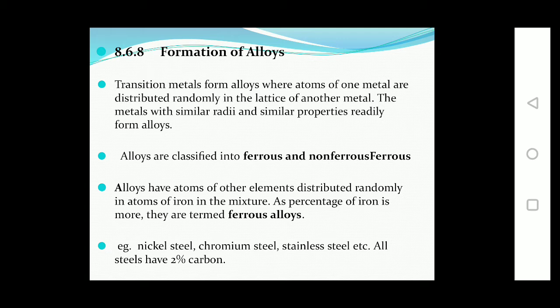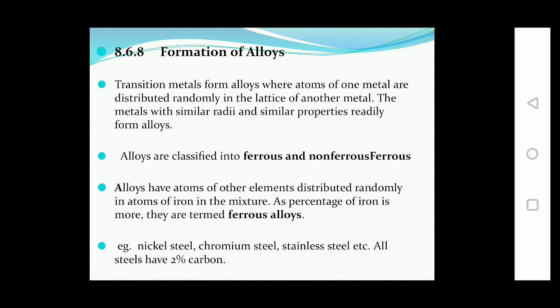That means when the atoms of one metal are mixed randomly in the lattice of another metal, that becomes an alloy. Generally, metals with similar radii and similar properties mix with each other to form alloys.